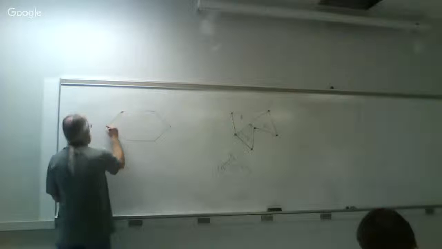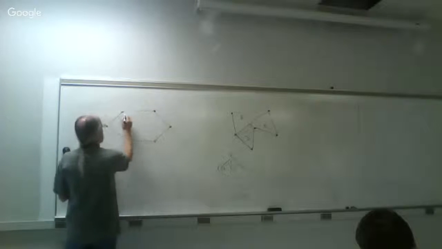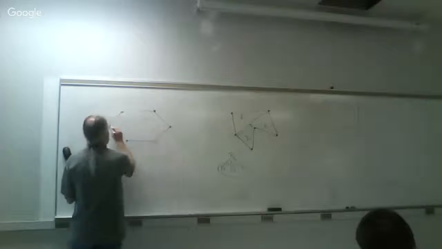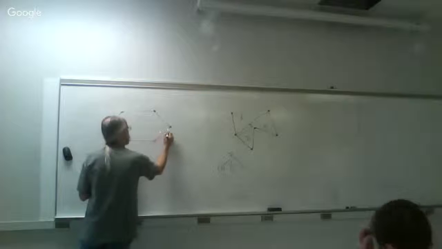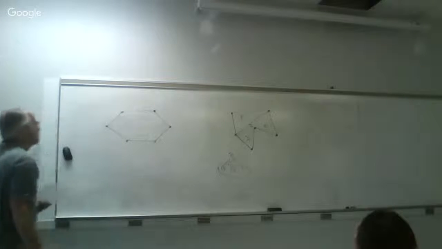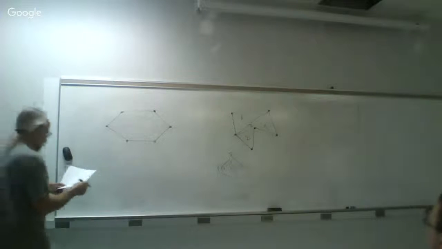So here are the vertices, and let me triangulate it like this. There are a bunch of different ways you can triangulate most simple polygons, and in this particular one, I triangulate it like this.